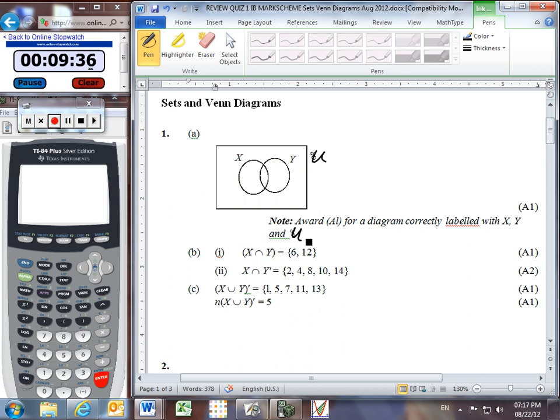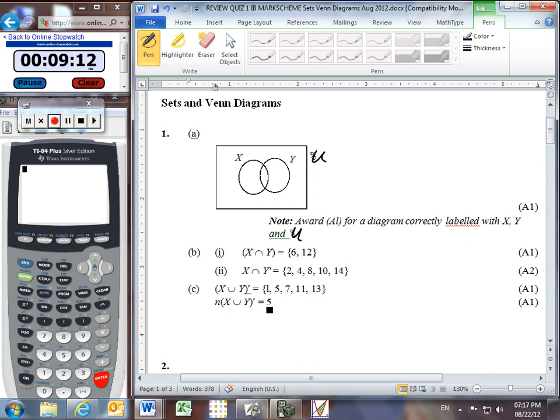And then you remember that we had 6 and 12 in there, that's worth a mark. You remember we had all of the other multiples of 2 inside this region, so there they are. And then we had all of the ones that are outside the union, the ones that we hadn't yet counted within x or y.